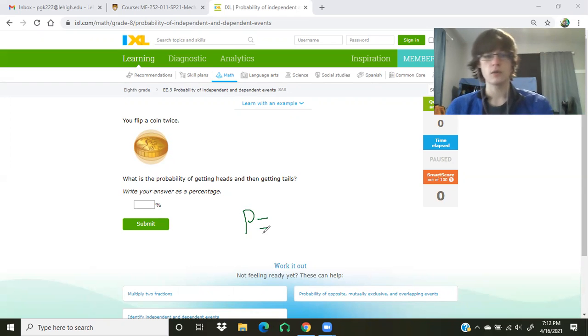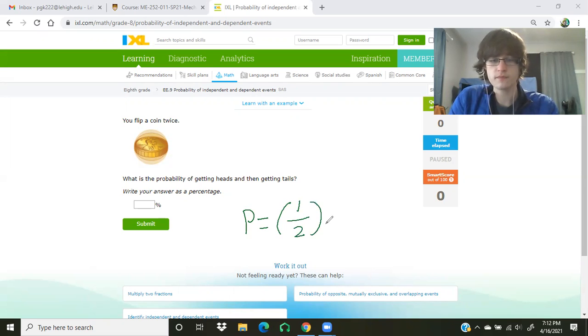So first we have to go along the question in order. What is the probability of getting heads? Well, if you flip a coin, you would know that the probability of landing on heads is 1/2. And since these are independent events, landing on heads does not affect the next round of probability.